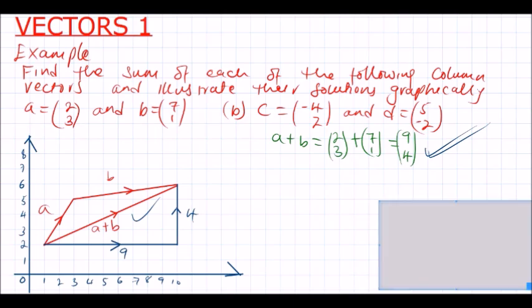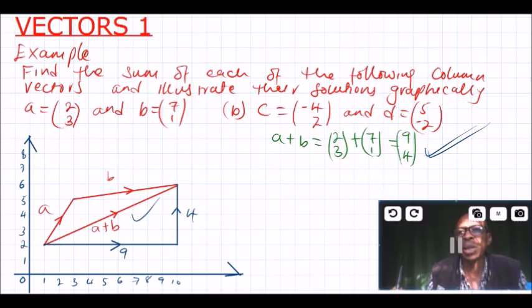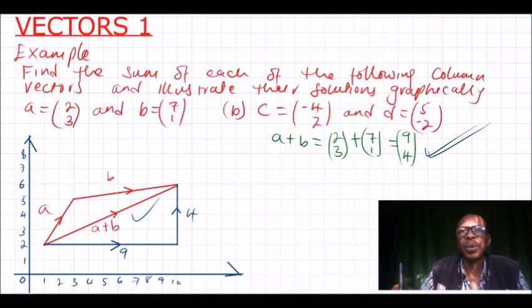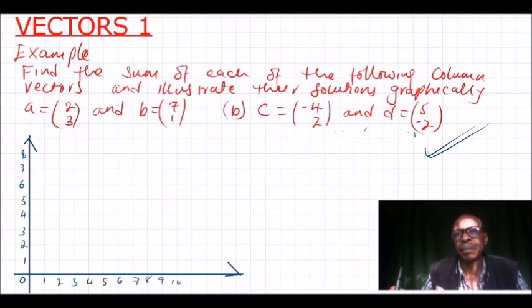Now we are supposed to sum these vectors, and so we can remove the first one, so that we use the same Cartesian plane.